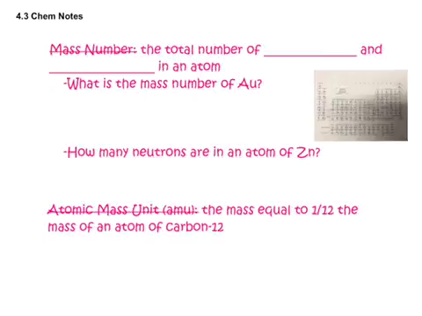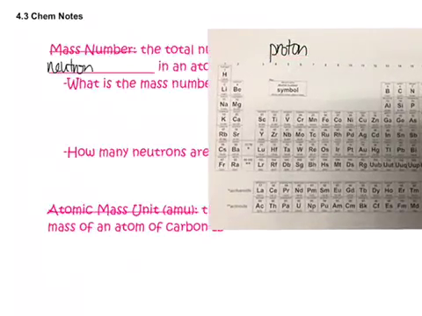The mass number refers to the total number of protons and neutrons in an atom. So we are looking for the mass number of gold, and we can look at gold on our periodic table.